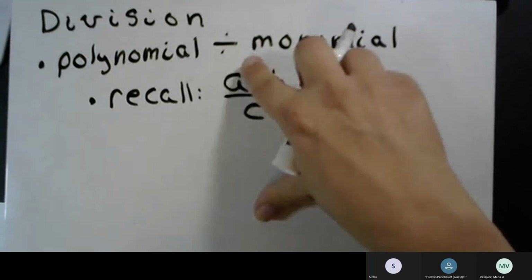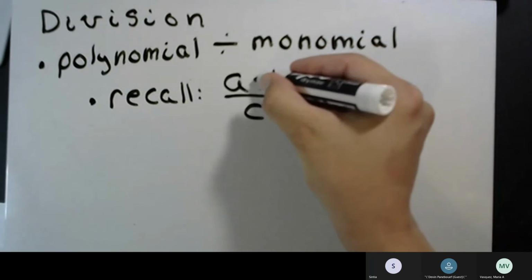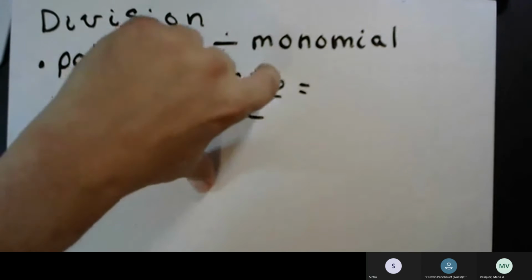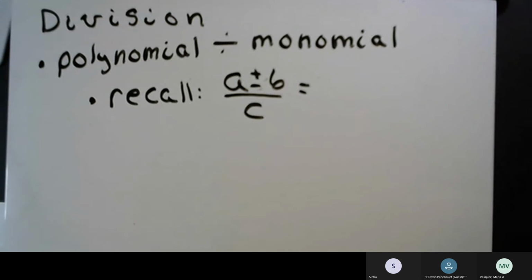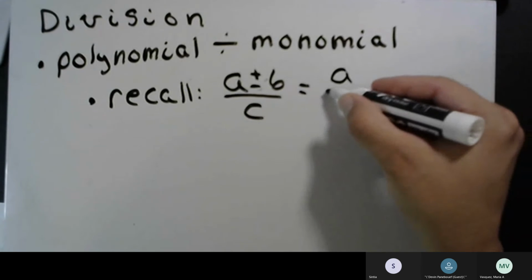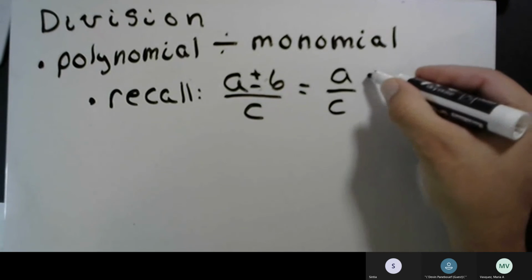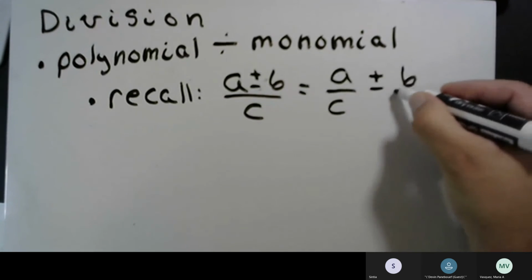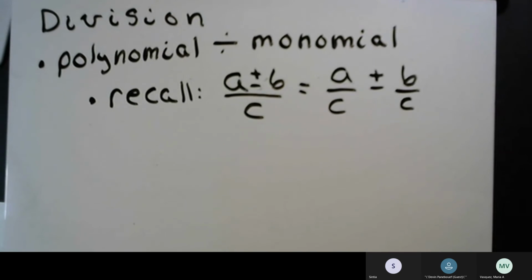If you have A, let me make this a little more universal. If you have A plus or minus B divided by C, that's A over C plus or minus B over C.